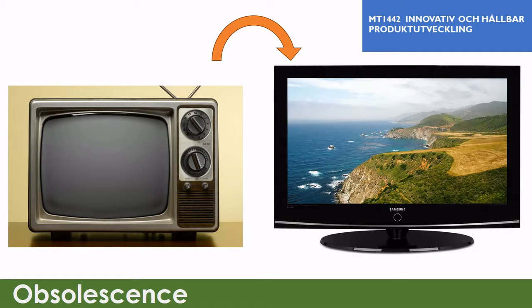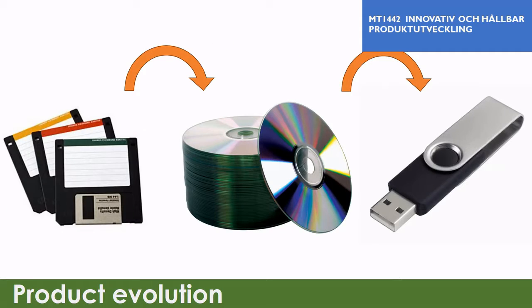But the idea is that in many cases, the market as well has a lot of impact in that, because there are many products that have been developed, but the products need to evolve. They need to adapt to the new requirements of the customers and the requirements of the market.